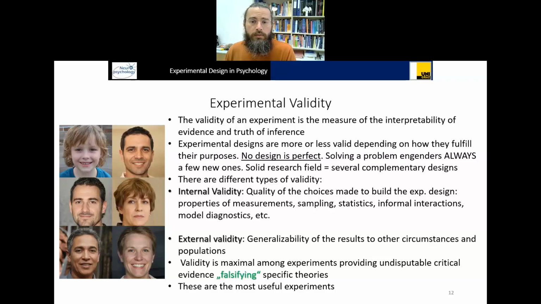And so this is the main reason why usually you need different experimental designs to develop a research agenda and produce better evidence. So, why is that so?